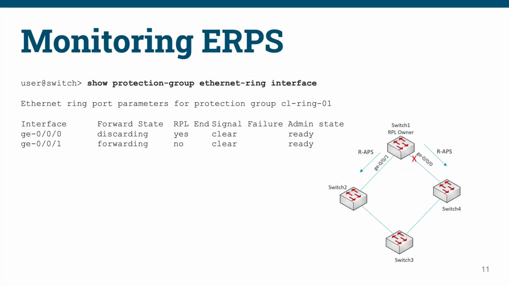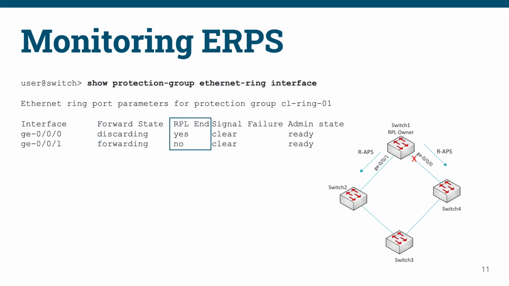In this example, we're looking at the RPL owner, where GE000 is configured as the RPL. In the example output, from the left, we have the name of the interface, then the forwarding state. This may be in a discarding state on a participating node if a failure was detected or recently restored.